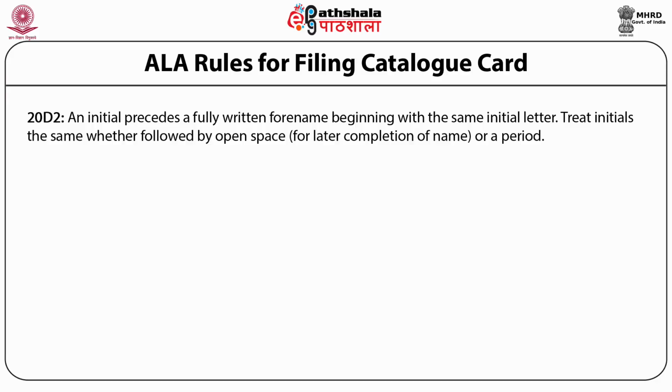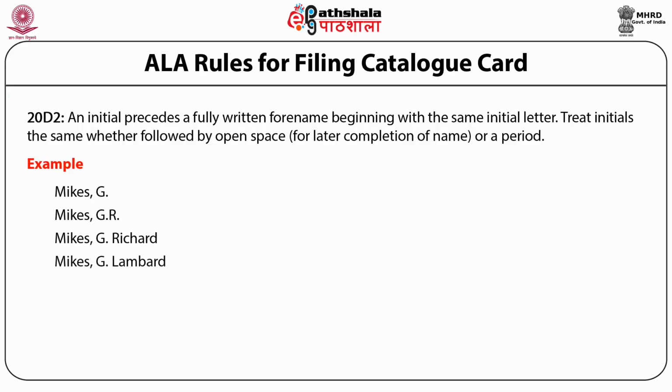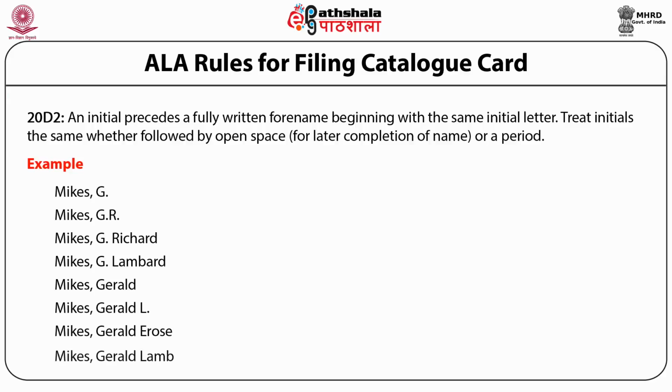Treat initials the same whether followed by open space for later completion of name or a period. Example is shown below. Mike's G, Mike's GR, Mike's G Richard, Mike's G Lombard, Mike's Gallard, Mike's Gerard L, Mike's Gerald Eros, Mike's Gerald Lamb.